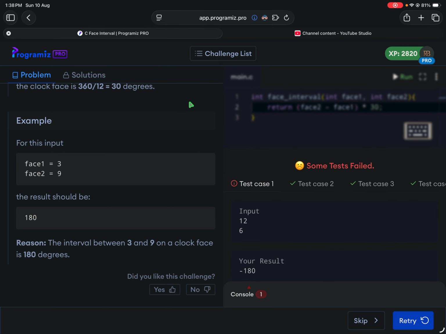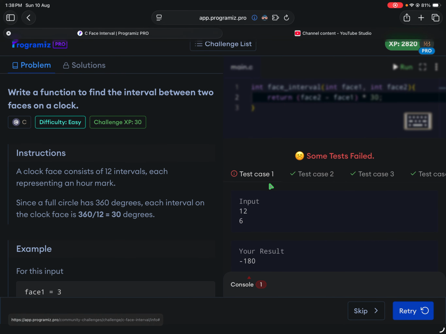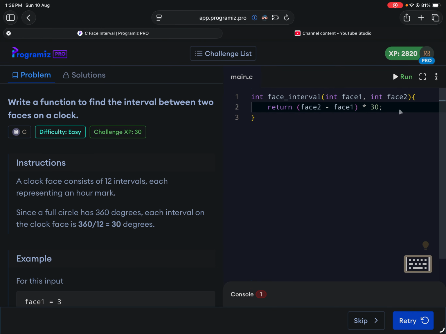Okay, I think we might have missed something. The first number could be greater than that as well. So we need to do something else over here.